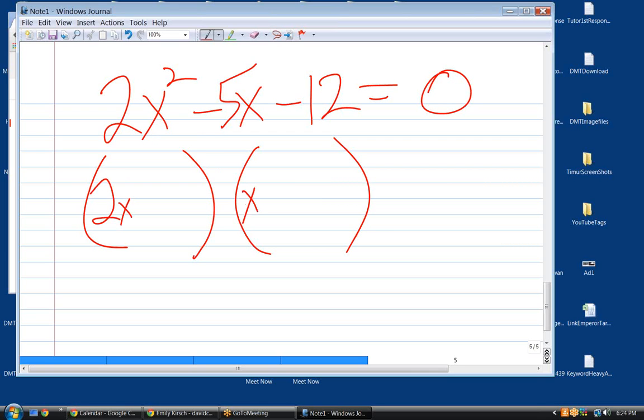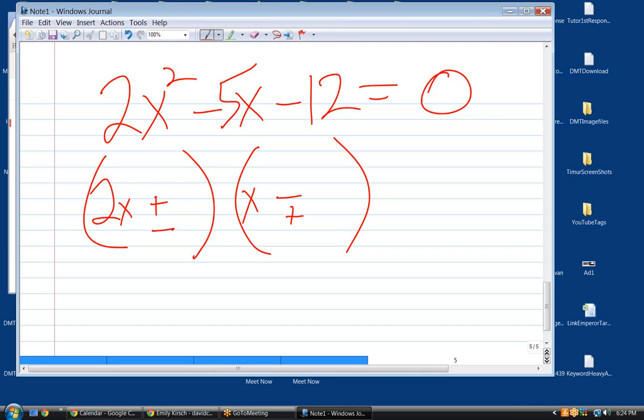Let me just go through my method with you, and I'll let you decide which technique you want to use. So the first thing I have to do is determine the signs. And this is unique because that is no longer the same as this. So I have to allow for both.